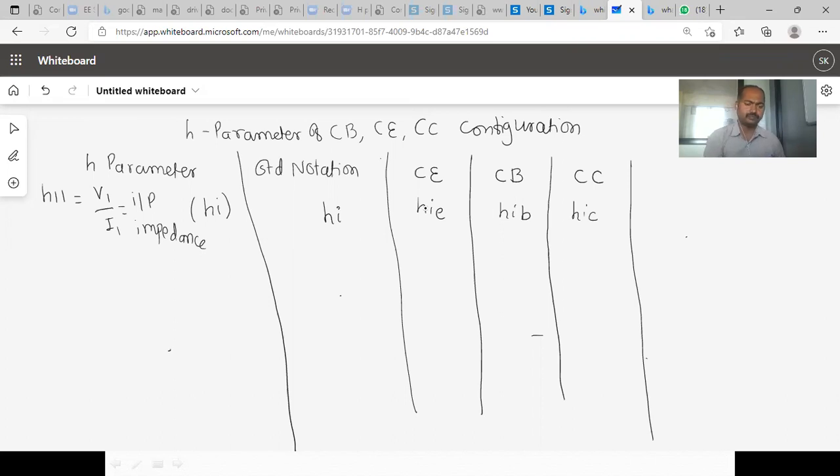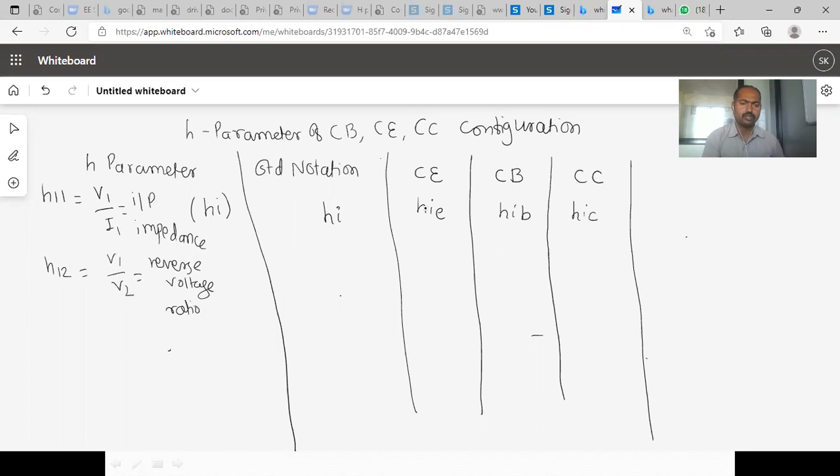Now see, second, H12. H12 is nothing but a voltage ratio, V1 upon V2, right? It is a reverse thing. So this is the reverse voltage ratio.